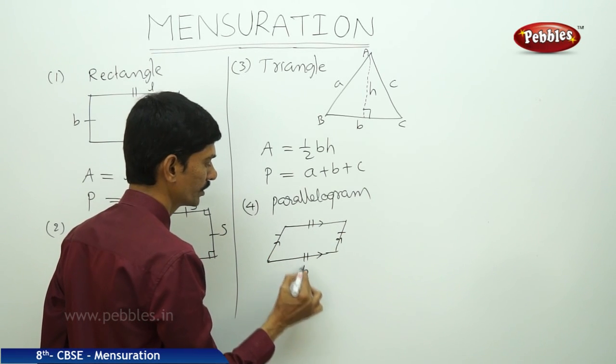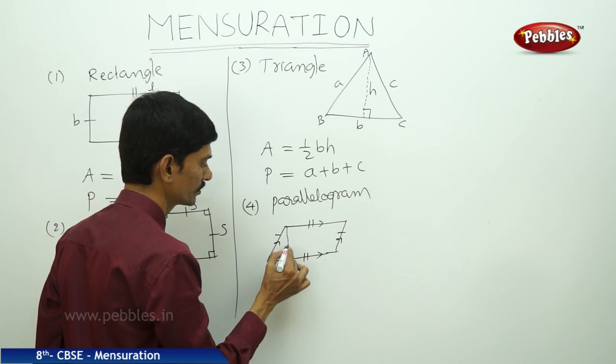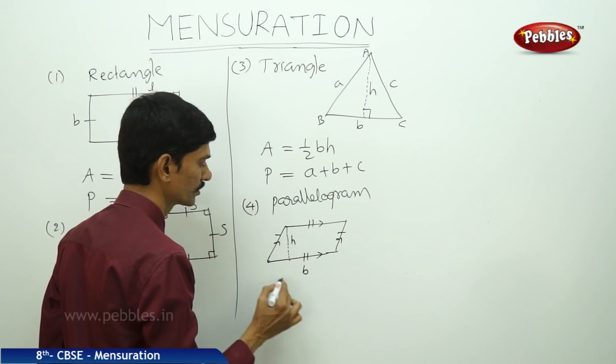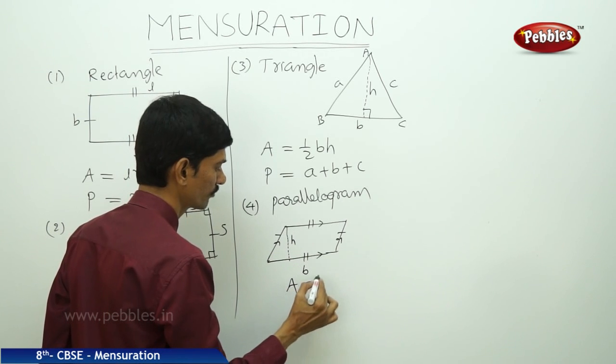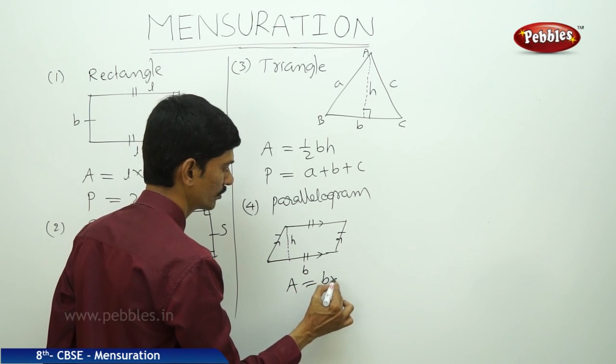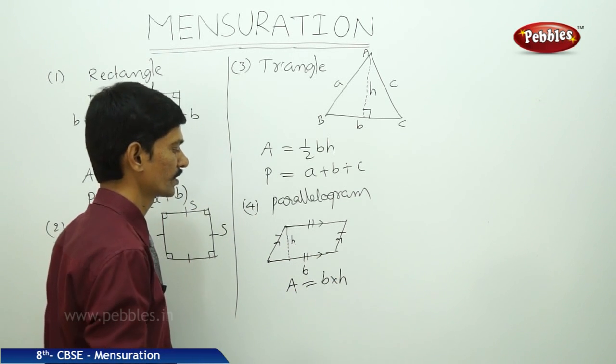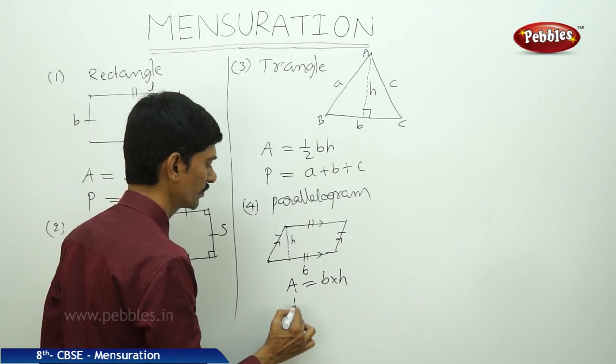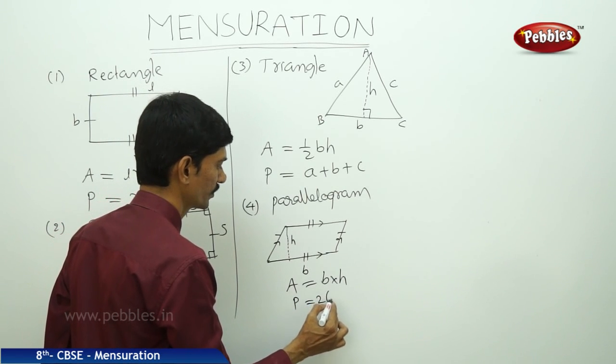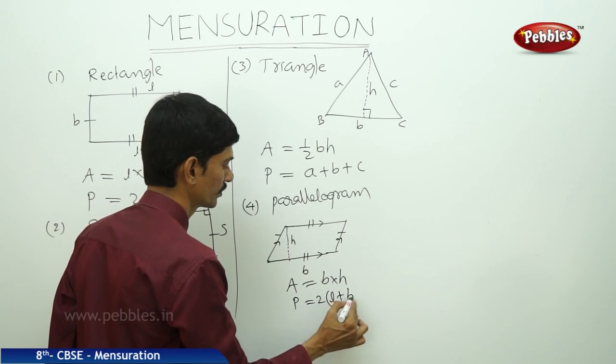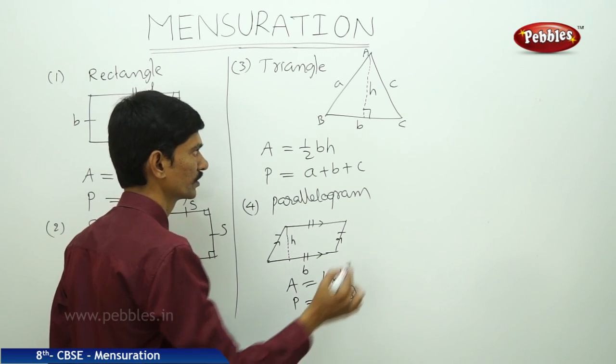Its base is B units and the corresponding height is H units. Then the area of the parallelogram A equals base into height.